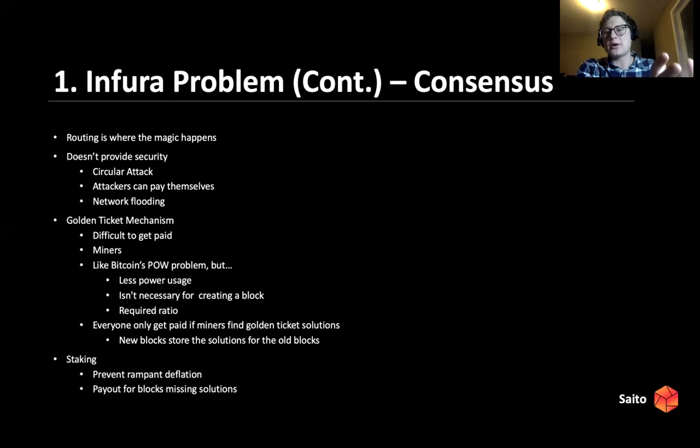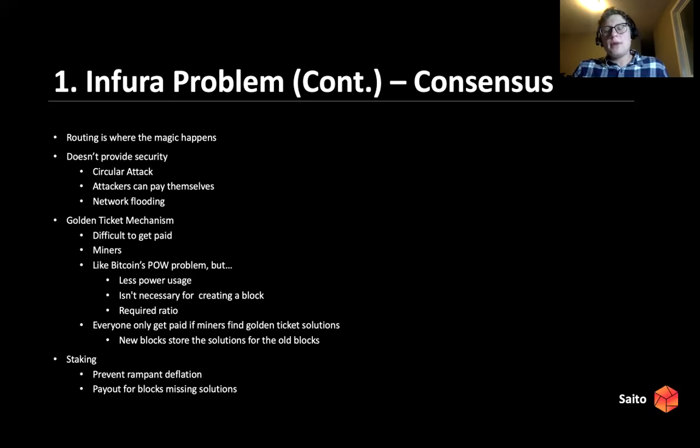So all of those routers, and also the miner who got the golden ticket solution, they would get a cut from that previous block. So 50% of the fees would go to the miner, and 50% of the fees would go towards those routers that collected those transactions and distributed them amongst each other.